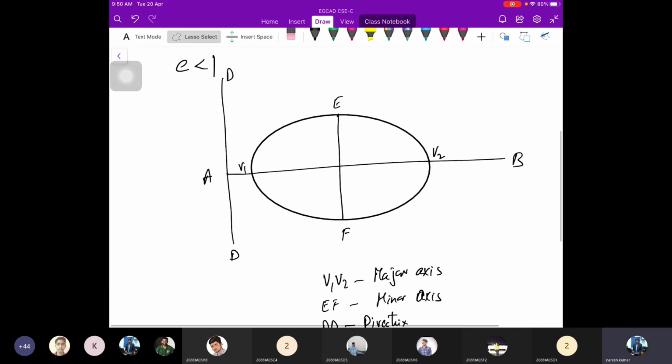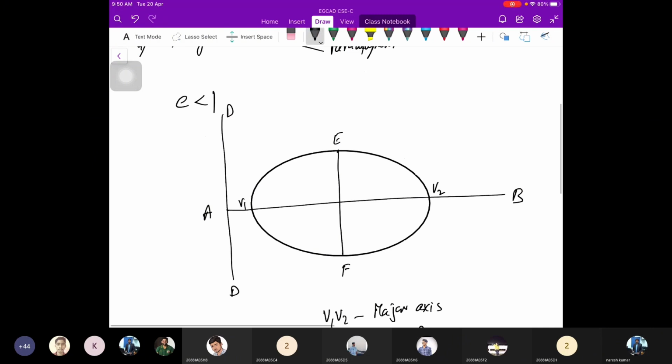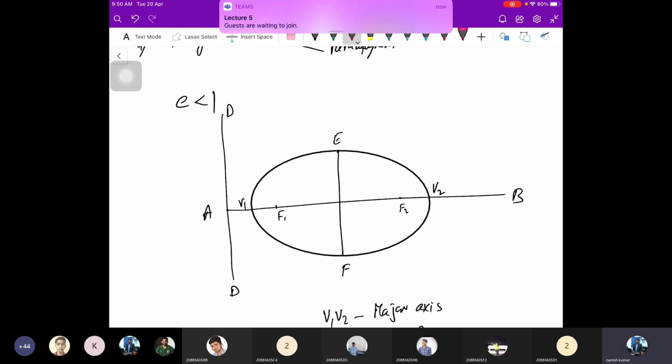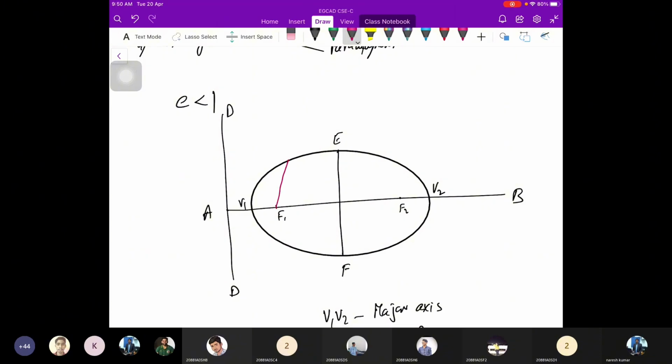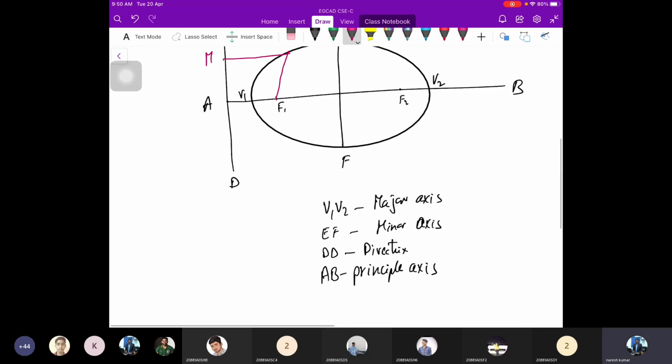And what more are we having? Yes, the focus. Here F1, F2 are the foci, and V1, V2 on the major axis are the vertices.